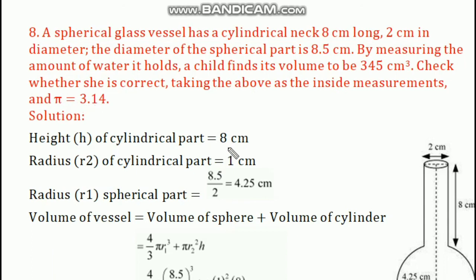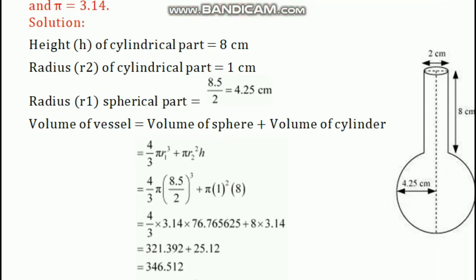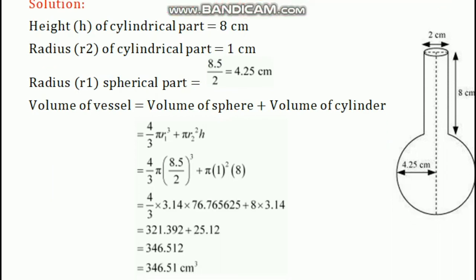The height of the cylindrical part is 8 centimeter, and the radius of the cylindrical part is 1 centimeter, because here the diameter is given. The radius of the spherical part is 4.25 centimeter, because the diameter is 8.5.